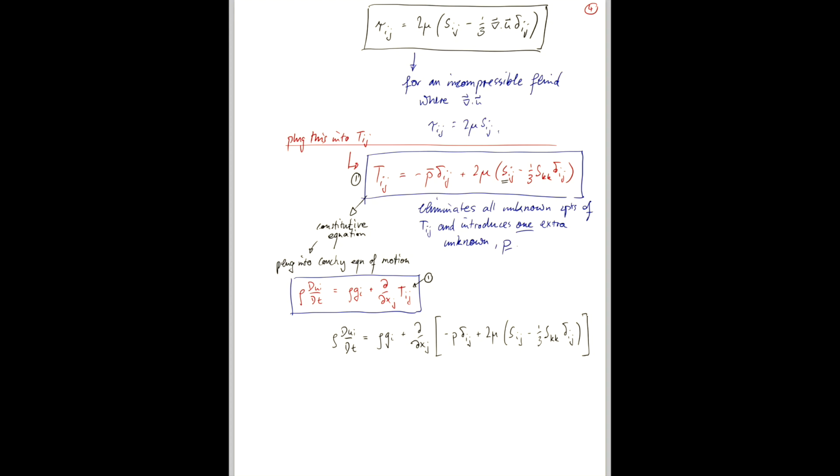And this I can simplify a little bit and write as follows. And now I act with the d by dx on the pressure term, and so the Kronecker delta contracts, and I'm just left with minus dp dxi plus the strain tensor term.